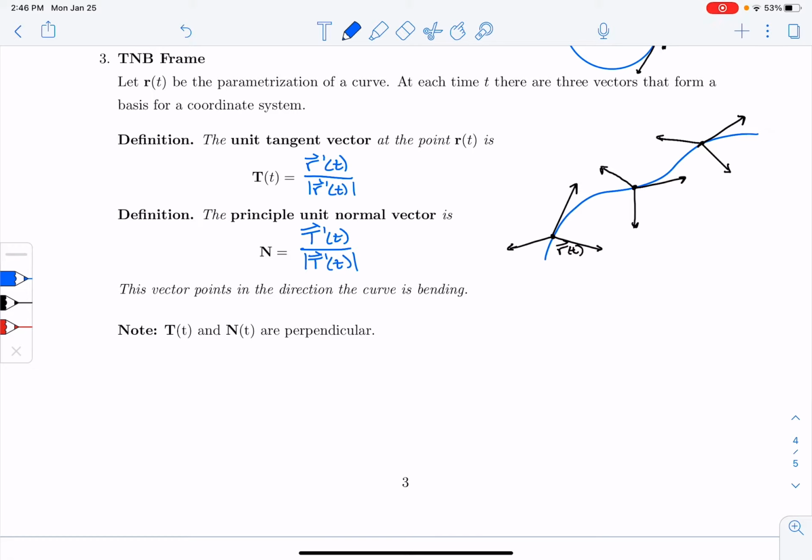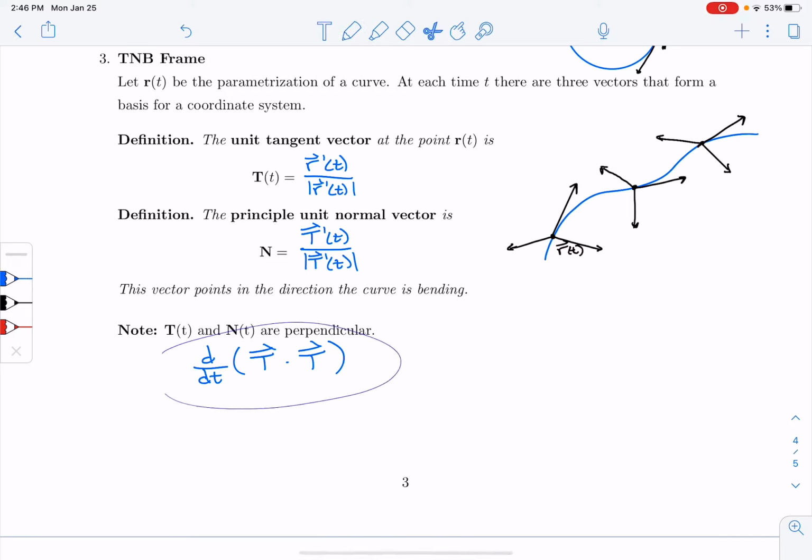So how do I know that? Well, there's a clever way to prove this. The way that you do it is you take the derivative of T dot T. Now, the derivative of T dot T is the derivative of the length of T squared.